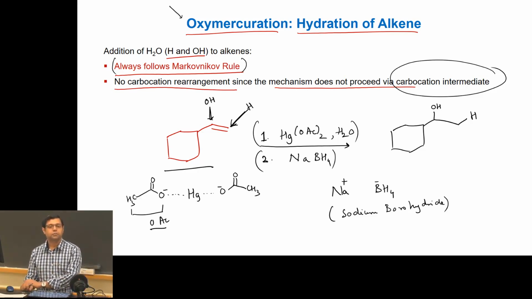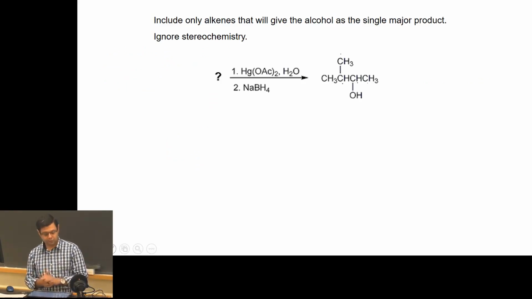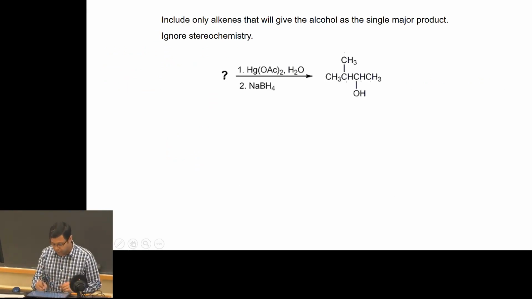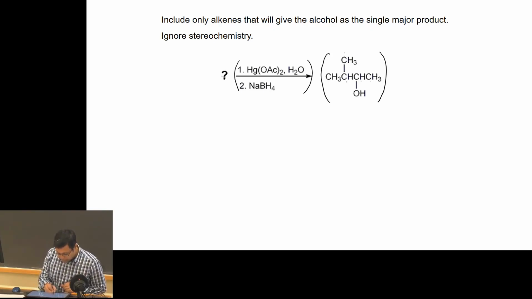All right. So let's take an example on oxymercuration and hydration combined. In this question, I've given you the product for oxymercuration, and I'm asking you the alkene reactant that will give this product. Right? And as we have learned with oxymercuration, the OH is added to the more substituted carbon of the double bond. It will always follow the Markovnikov's rule, and there is no carbocation rearrangement.